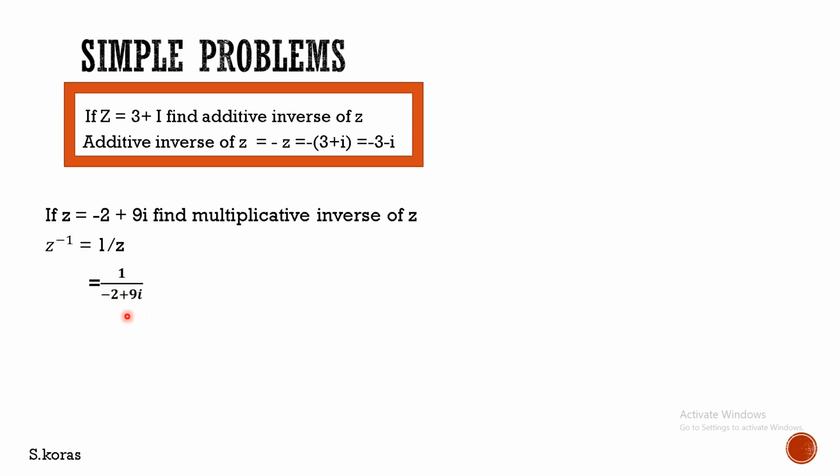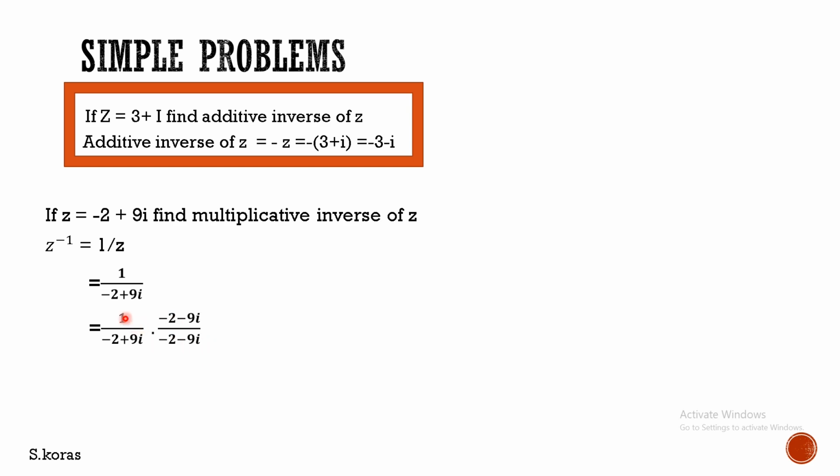As I told you already, you should not keep any complex number in the denominator. So just take the conjugate of the denominator and multiply that conjugate to the numerator as well as the denominator. So our answer will be 1 by minus 2 plus 9i into minus 2 minus 9i over minus 2 minus 9i.